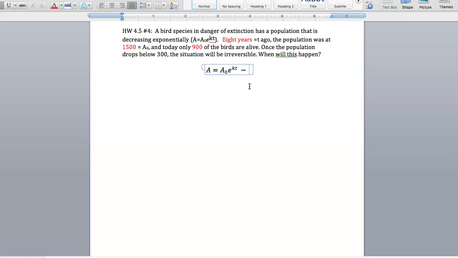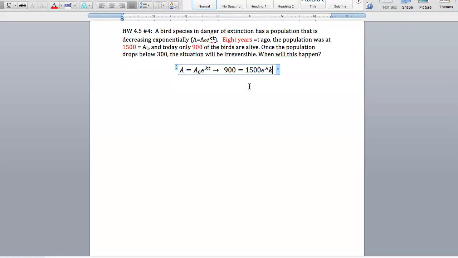Let's do that. We said A is 900. We have 900 birds now, equals A0. The initial population was 1500 at the beginning when we started measuring. And e to the, I don't know what k is, so we'll just keep calling that k.